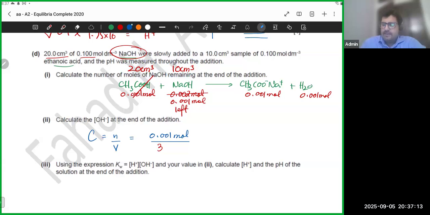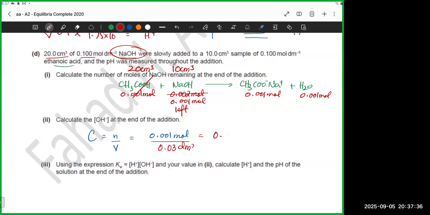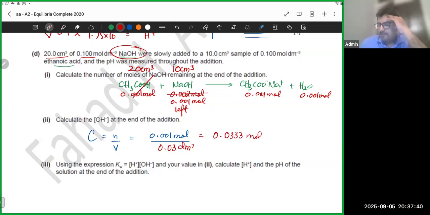That's 30 divided by 1,000, which is 0.03 dm cube, right? So what do we get? 0.33 or 0.033? 0.033. So this is 0.033 mole per dm cube, right?